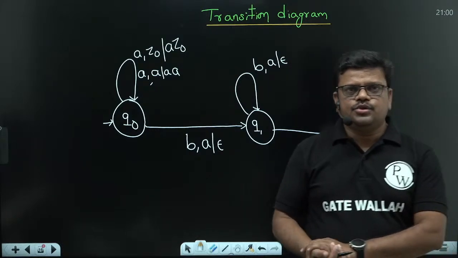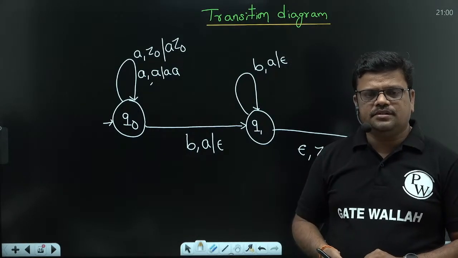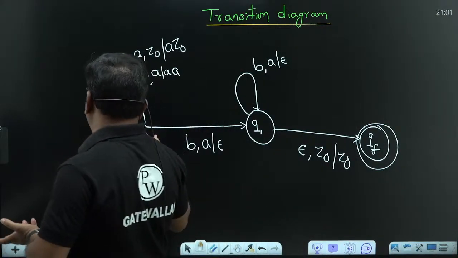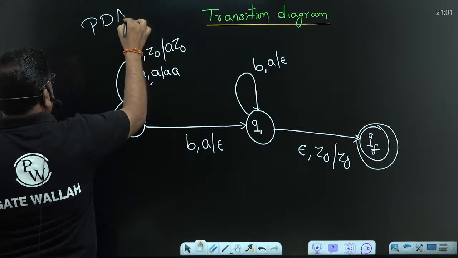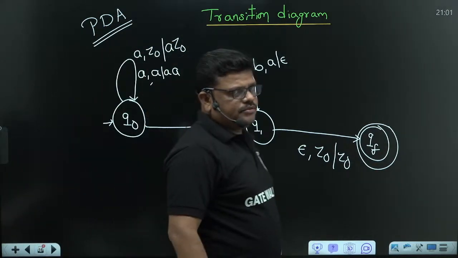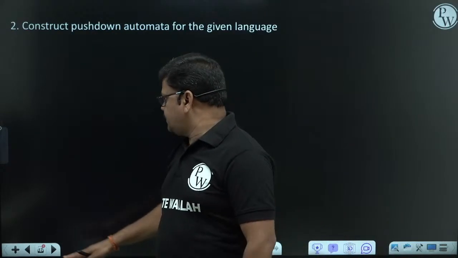Why do we have to show both the notations, transition diagram and transitions notation? In the GATE paper, sometimes they will construct pushdown automata by using this, and sometimes by using the previous one.